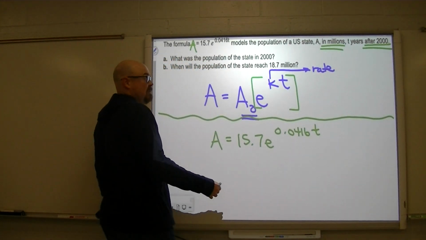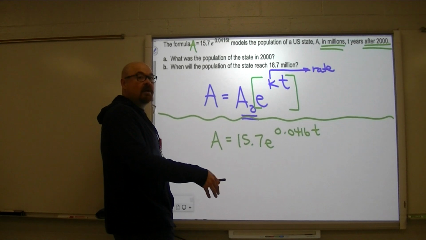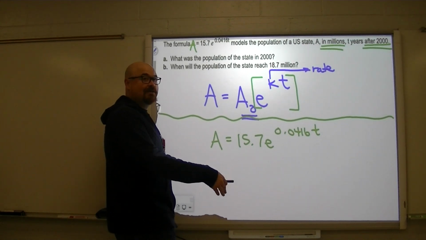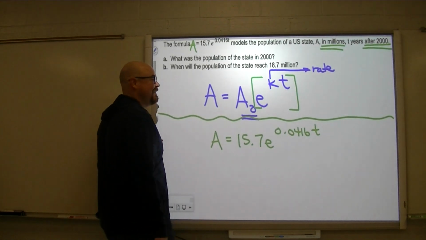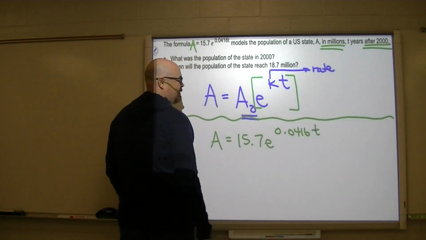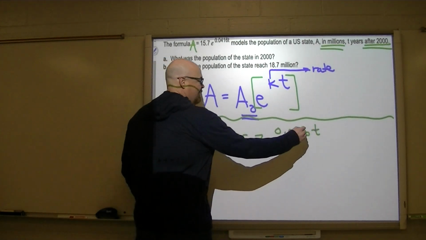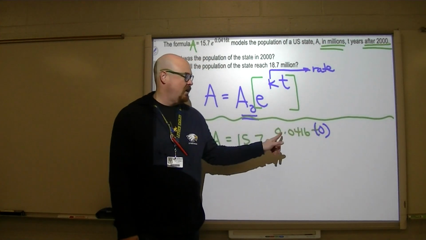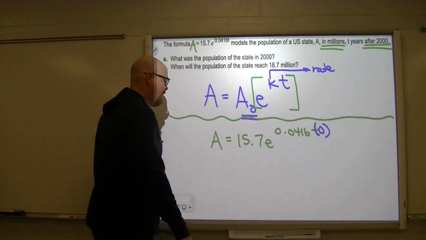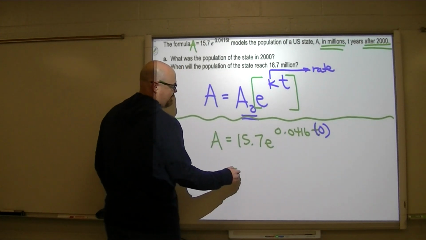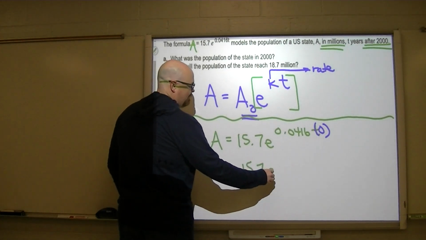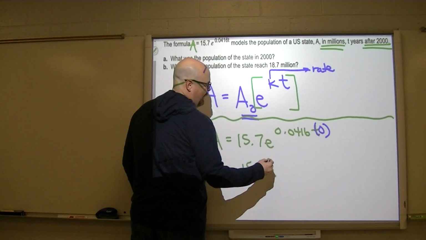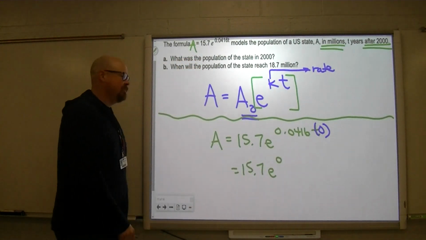If that's the year 2000, it's been 0 years after 2000 at that point. So we'd be putting a 0 in this space, and now we're multiplying 0 times this. So we get 15.7 times e to the power of this whole product, which is 0.